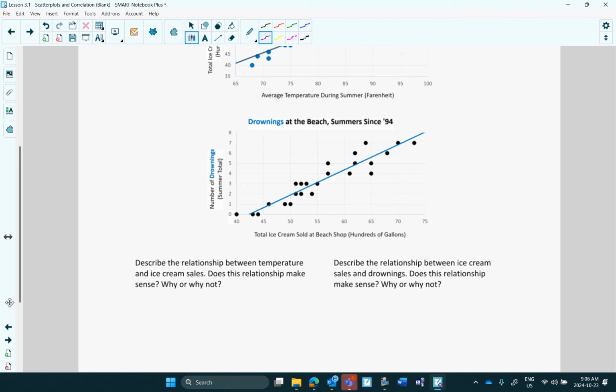Possibly. I would say, in general, the second one's a little iffy. You can make an argument, and you guys did, but chances are there may be some other factor involved. So if we did the amount of ice cream sold and the number of drownings, we get the same thing too.